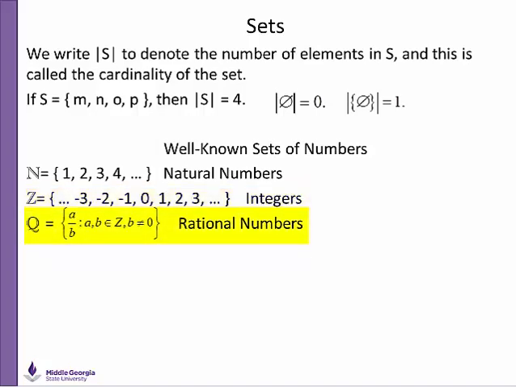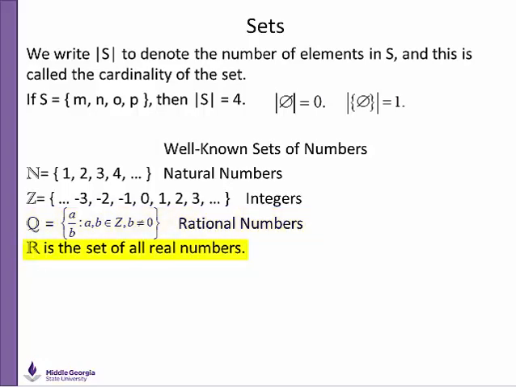Q represents the set of rational numbers. Rational numbers are those numbers that you can represent as a fraction, a over b, where a and b are elements of the integers, except that b doesn't equal 0.